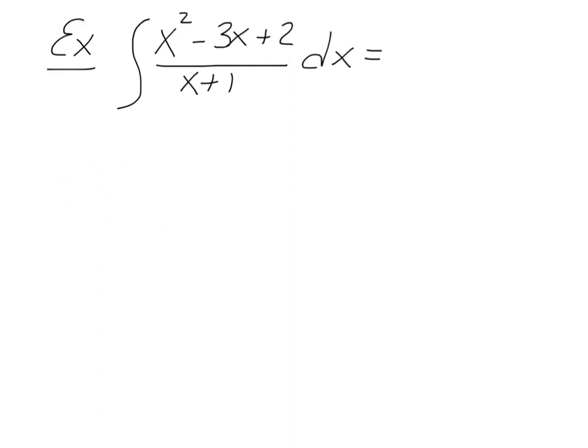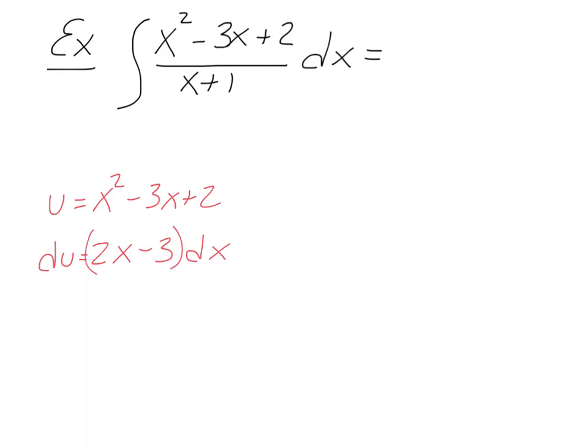On the flip side, some of you may think that we should try letting u be the x squared minus 3x plus 2. And that's a good attempt. It's wrong, unfortunately, but many of you may think that because the derivative does kind of give me an x, which you may see down here in the denominator. I get a 2x minus 3, but there's actually two problems with it. One, the big difference is we don't actually have an x.